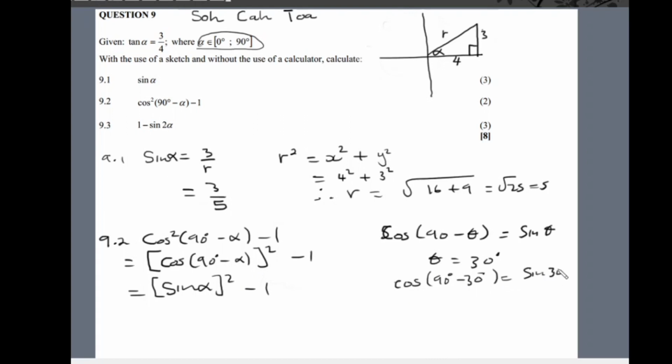And then cos 90 minus 30, that is simply cos 60, right? And we're saying that is equals to sine 30. Cos 60, now press the calculator, you'll see that it's 1 over 2, and sine 30, you'll see that it's 1 over 2. So this statement here is true, right?